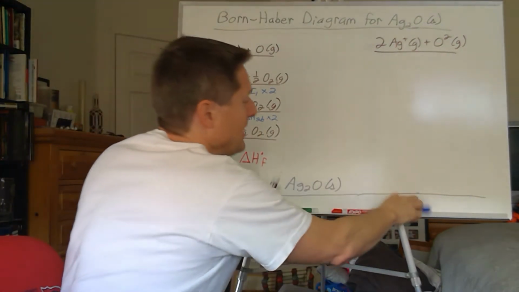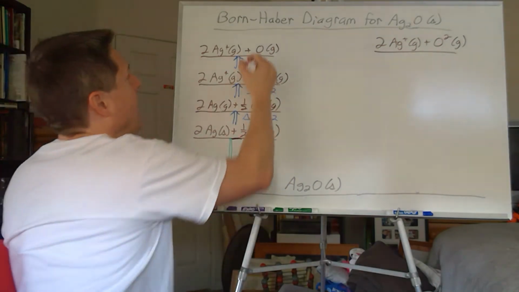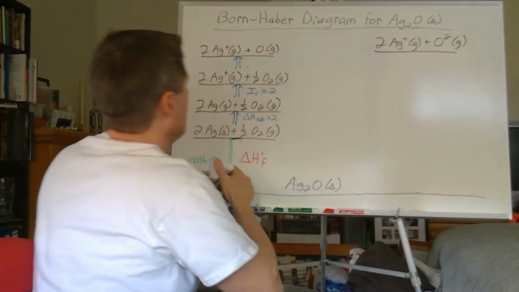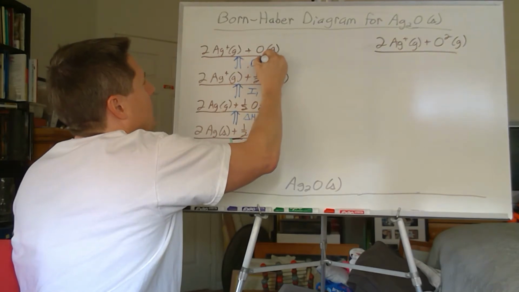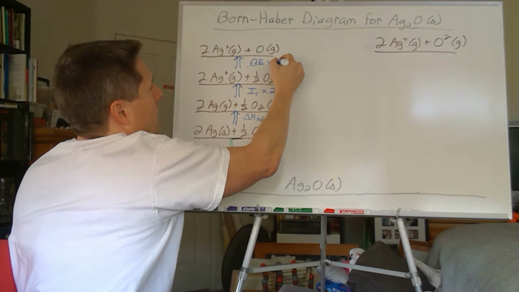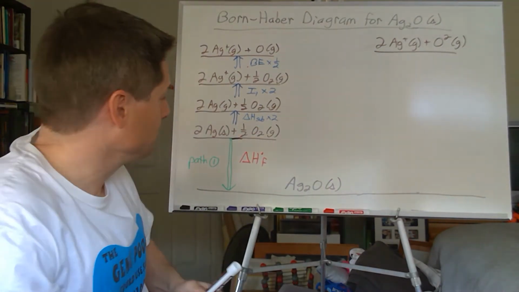That requires energy, and that is the bond energy of oxygen. So that'll be the bond energy of oxygen times 1/2. Don't forget those coefficients, right?